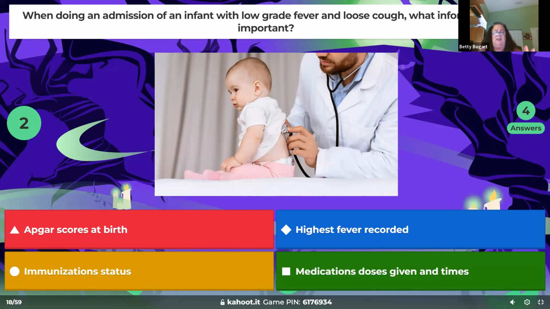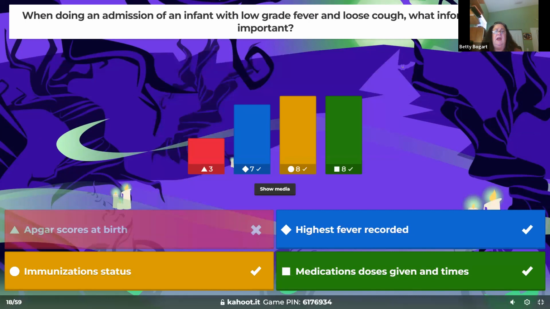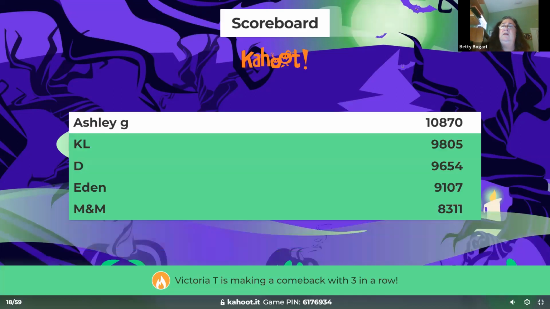We have to protect this child and other children. And I want to know immunization status. That's number one. I want to know for room placement. But as a nurse, what I want to know is how high has the fever been and when did you give the last medications so I can continue that, okay? Apgar scores don't really make a difference at this time. Those other ones is what you need.